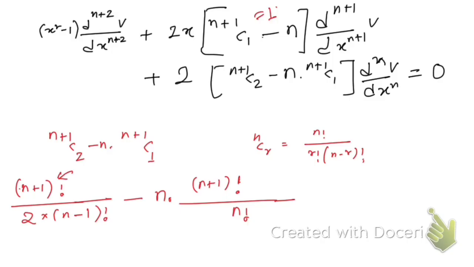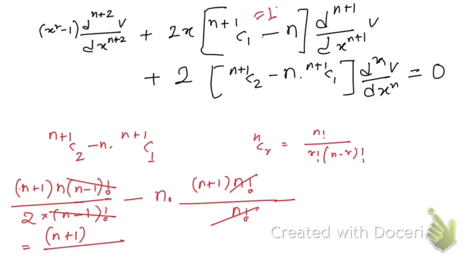Now you see this factorial n plus 1 can be written this way, n plus 1 into n minus 1 factorial, right? Similarly, n plus 1 factorial here can be written this way, n plus 1 into n factorial, right? So n factorial gone, n minus 1 factorial gone. So what we have is n plus 1 into n by 2, then minus n into n plus 1. That is what we have now.